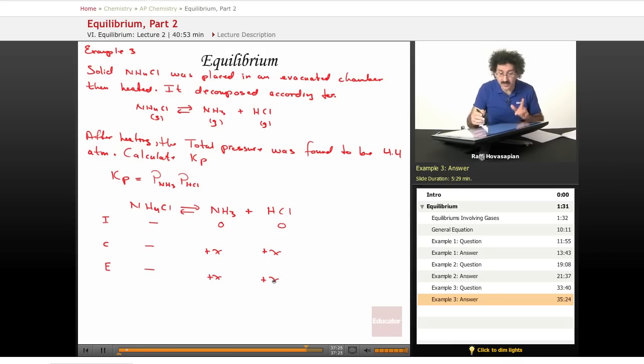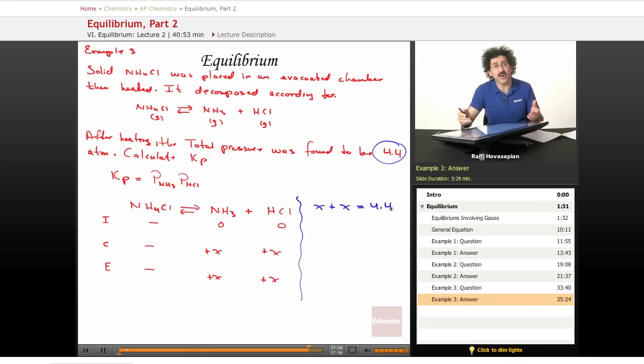Well, they're telling me that the total pressure in this flask is 4.4 atmospheres. Well, which gases are in the flask? Well, the solid is a solid. That doesn't matter. That doesn't do anything for the gas. The gases in here are NH3 gas and HCl gas. So I basically have X plus X is equal to 4.4.